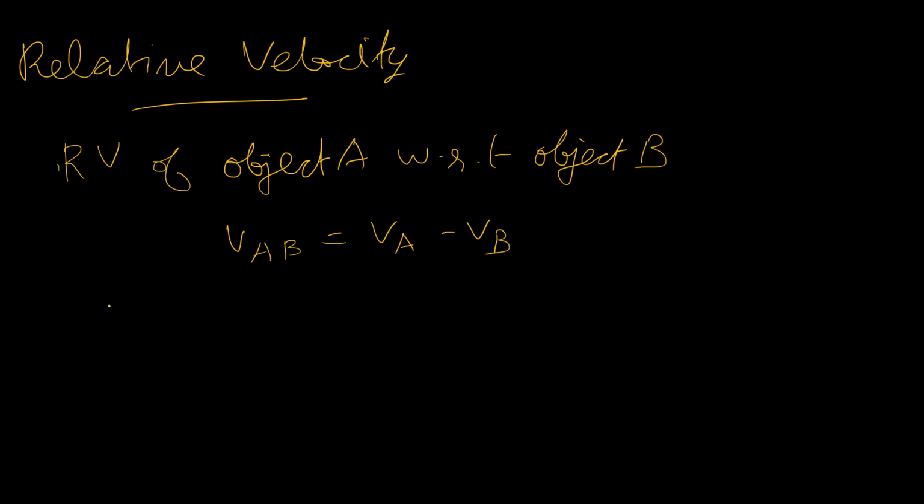If it is in one-dimensional motion, we can treat vectors as scalars just by assigning the positive sign to one direction and negative sign to the other. Now let us learn about special cases.